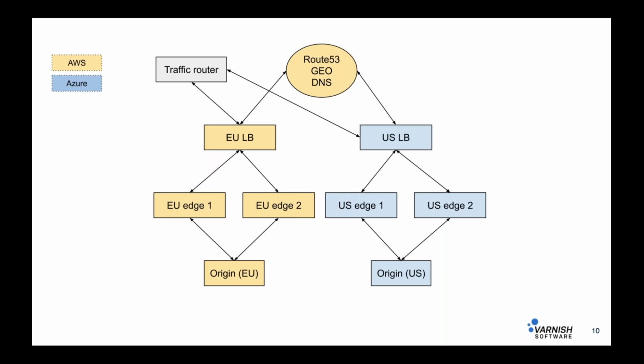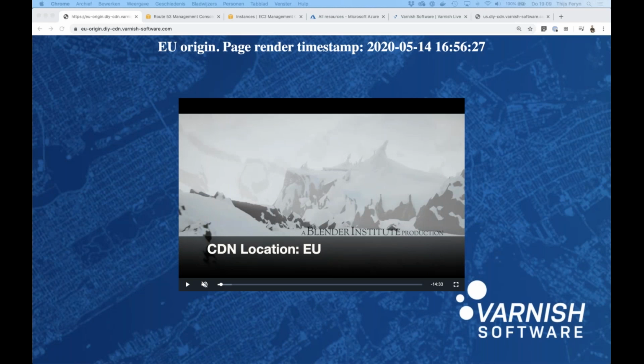We'll do two for the sake of distributing load evenly so that we have more capacity, but also for high availability reasons. If one crashes, the other one is still up and running. All of that will be managed by a load balancer, and that will happen identically both in the United States and in the EU. And it's these load balancer endpoints, the US and the EU endpoint, that will be registered with Route 53. So that's how we're doing business today.